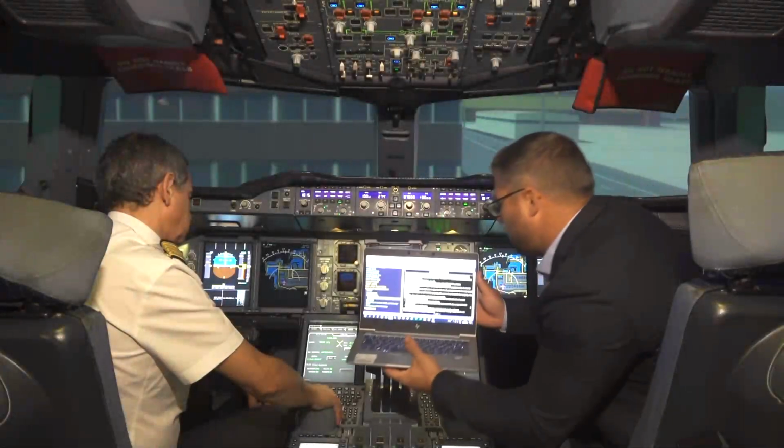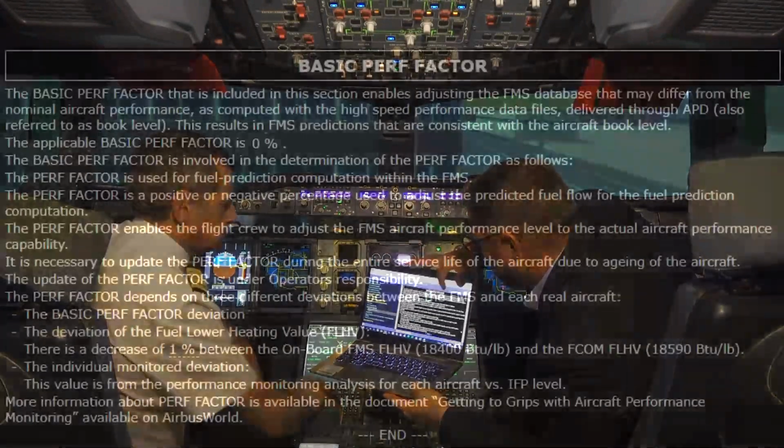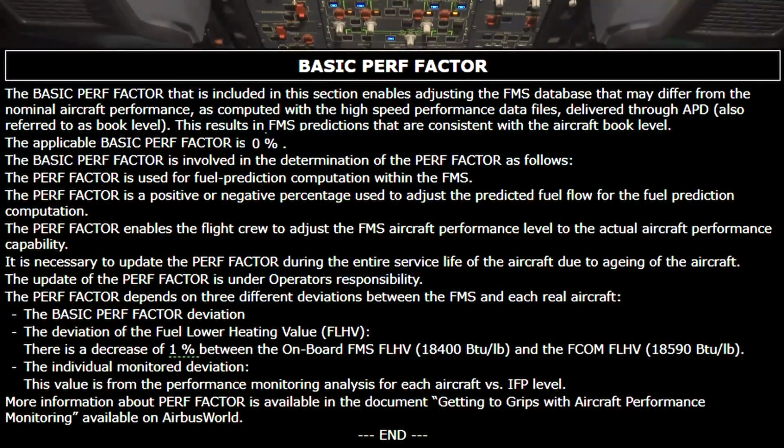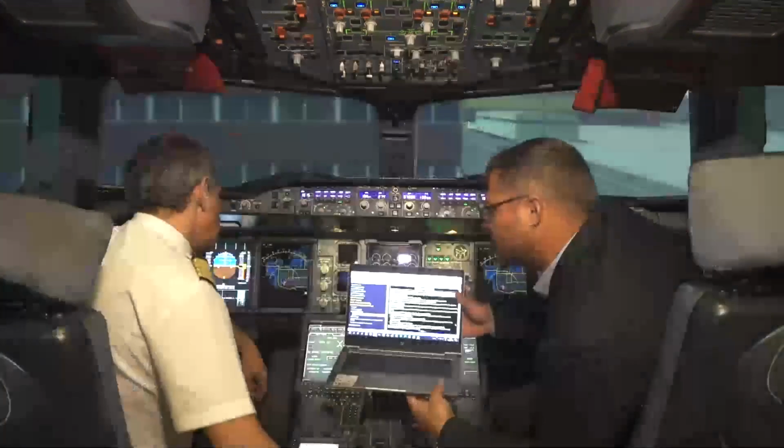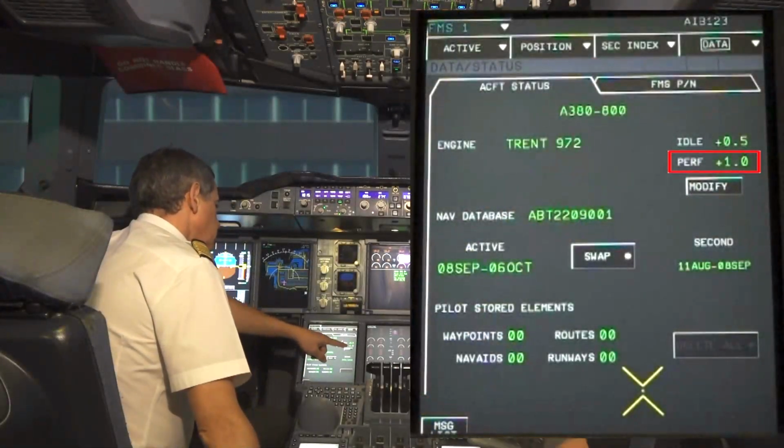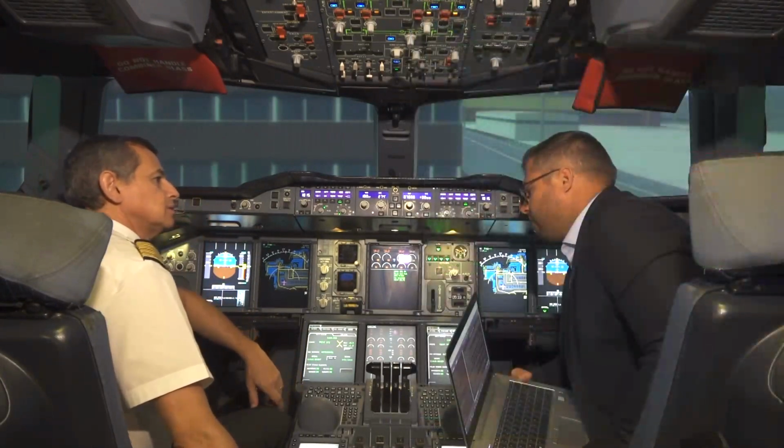You see, the basic PERF factor is provided in a specific manual, the Aircraft Performance Data APD manual, given to the flight ops department. But the basic PERF factor is 0 for this A380. And I have +1 on my aircraft. Yes, you're right.